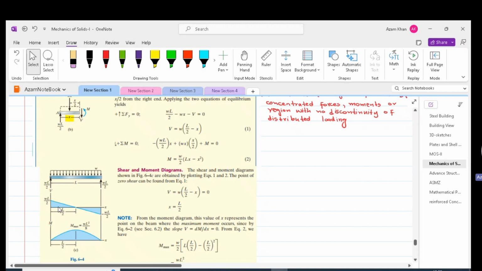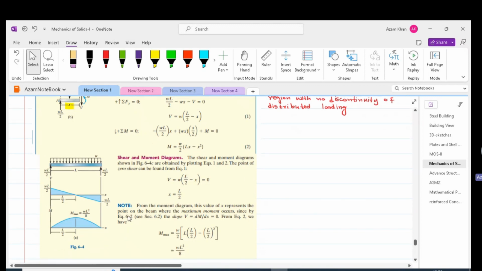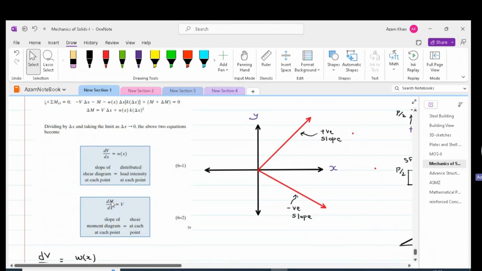of the shear force diagram. Shear at the left support is finite, hence we have the slope of the moment diagram, which is a finite value, and that comes to zero as we move towards the middle point or the midspan. This is in accordance with the value of shear becoming zero. So as we said, the rate of change of M with respect to x is equal to the shear. So if shear is zero, the slope of the moment diagram must be equal to zero.